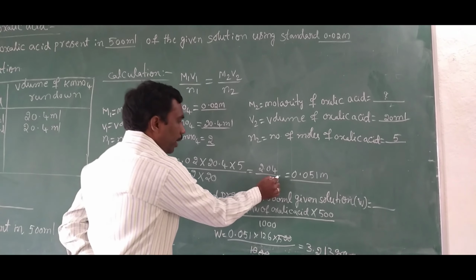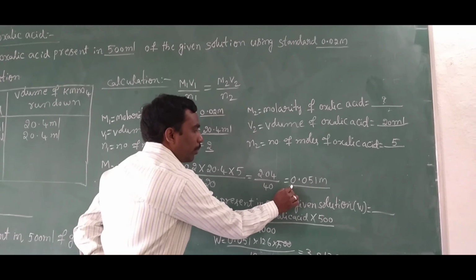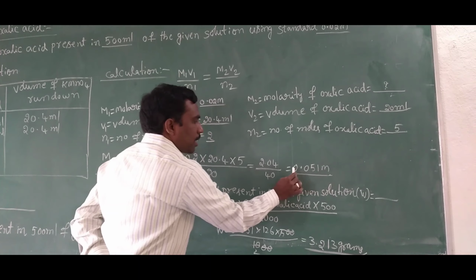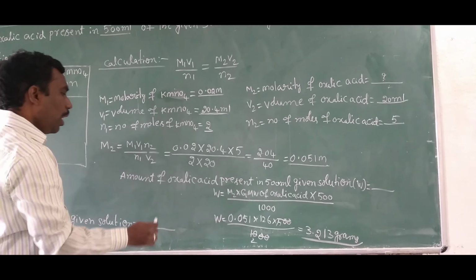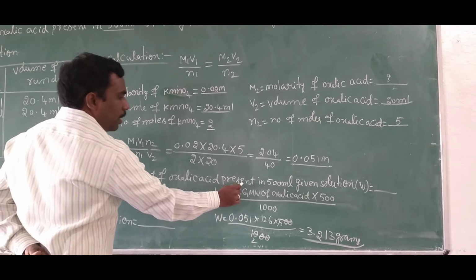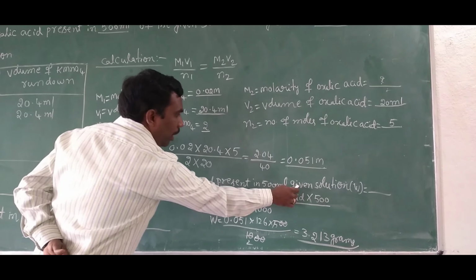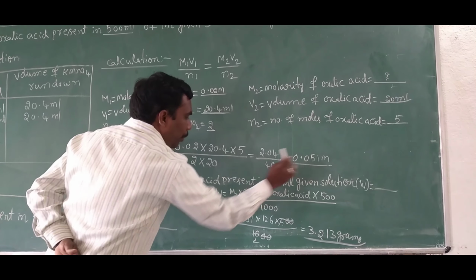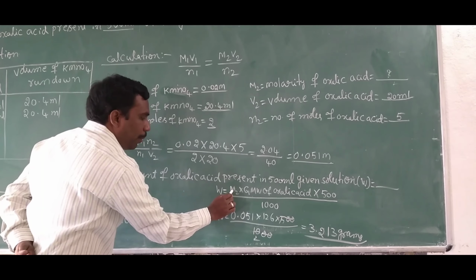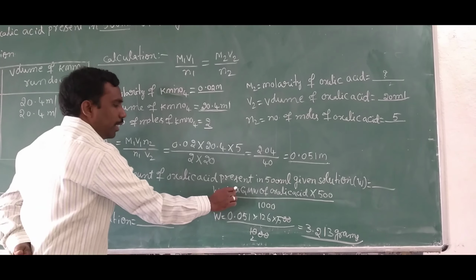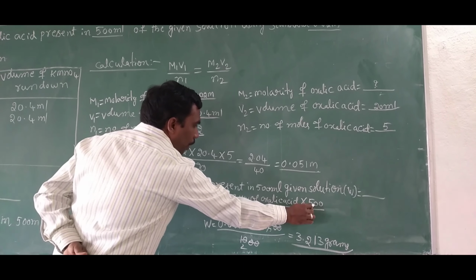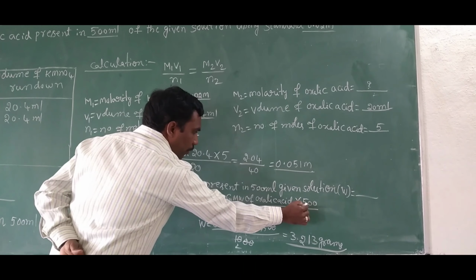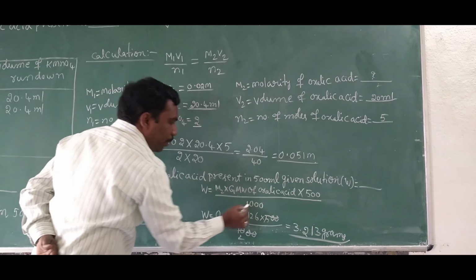After doing the calculation, we find the molarity of oxalic acid as 0.051. Now we have to find the amount of oxalic acid present in 500 ml of the given solution. The formula for W is M2, the molarity of oxalic acid, times the gram molecular weight of oxalic acid, times 500 for 500 ml, so we put here 500 divided by 1000.